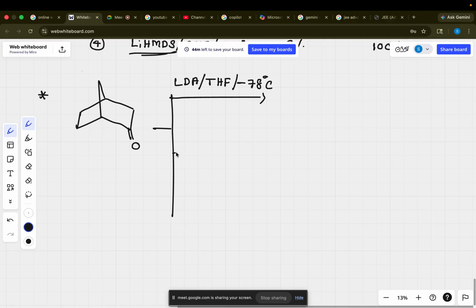That is one. Second is NaOEt in ethanol. And third, I am giving you potassium tertiary butoxide in tertiary butanol. So try to write down the product you are getting.